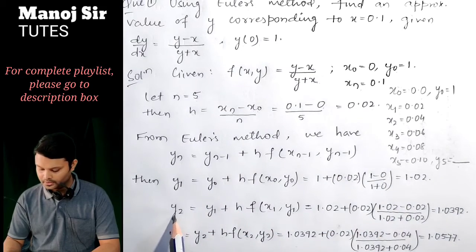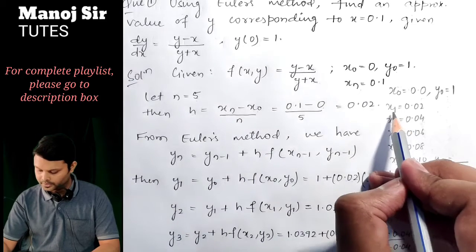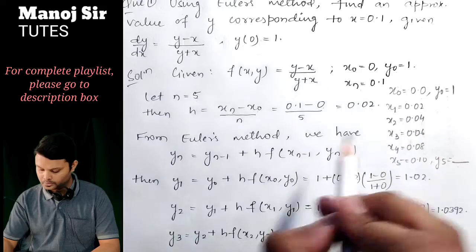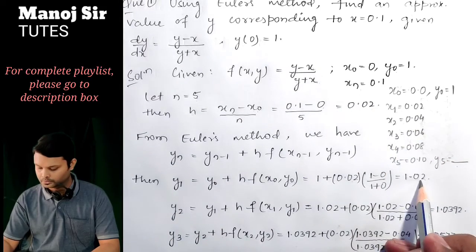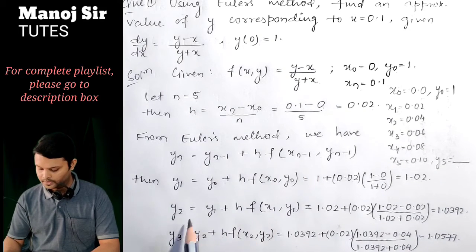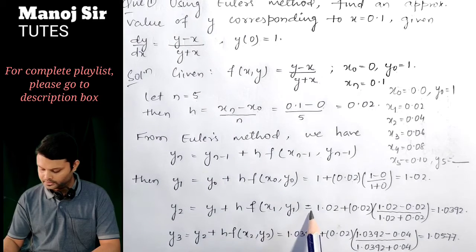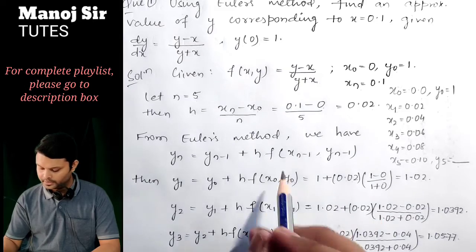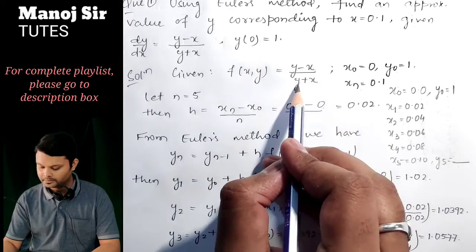Okay. Now we need to find y2. So here at x1, that is 0.02, y1 equals 1.02. Now at x equal to 0.04, we need to find the value of y2, that is y1 plus h into f of x1 comma y1. This equals y1, that is 1.02, plus h, that is 0.02, into f of x comma y, that is y minus x upon y plus x.